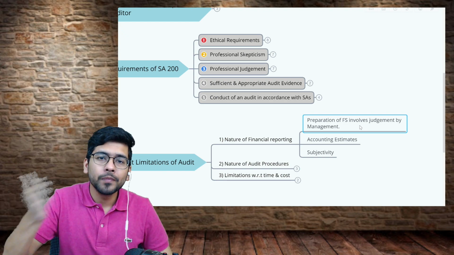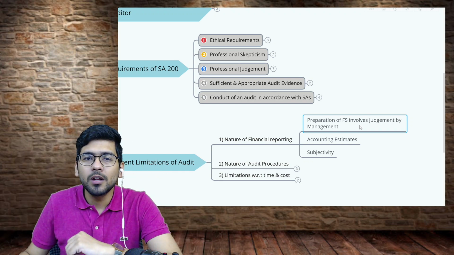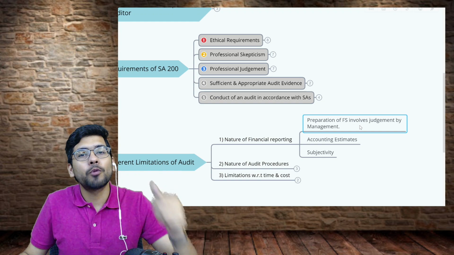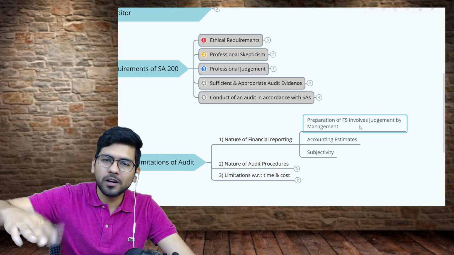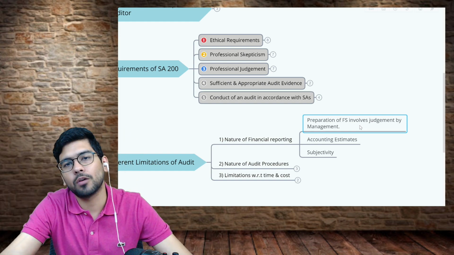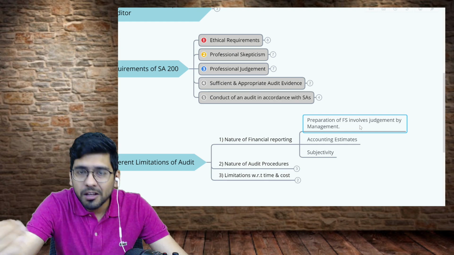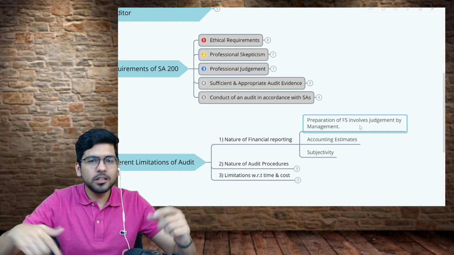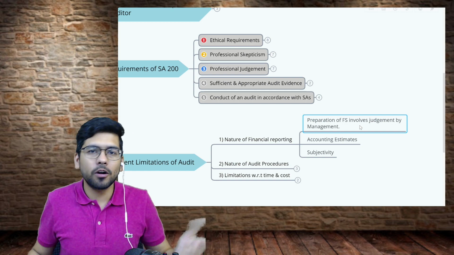So in order to evade this situation, they increase the amount of provision for doubtful debts that comes in the P&L, so that the profit comes down and the relevant taxes come down. So provision for doubtful debts is something which I cannot verify. There are no underlying documents, or there is no concrete formula that this much debtors will always be doubtful, and accordingly the provision is made.